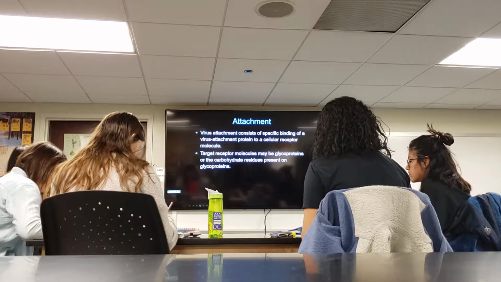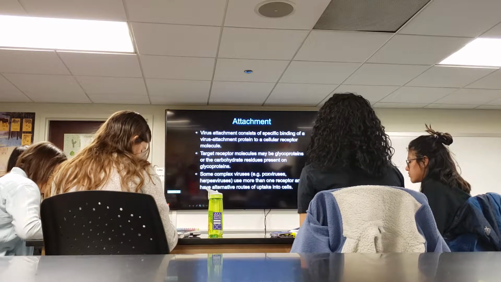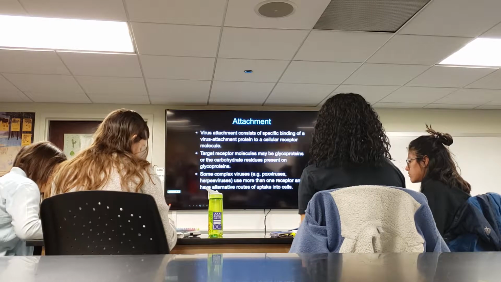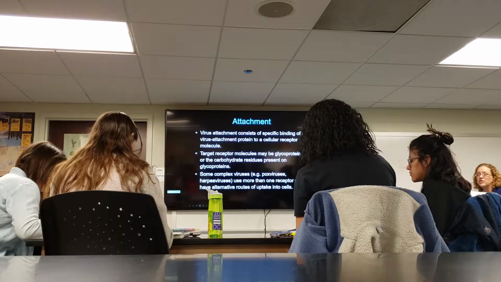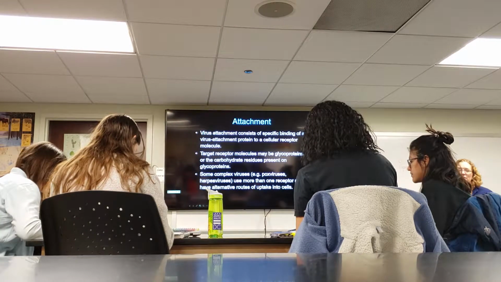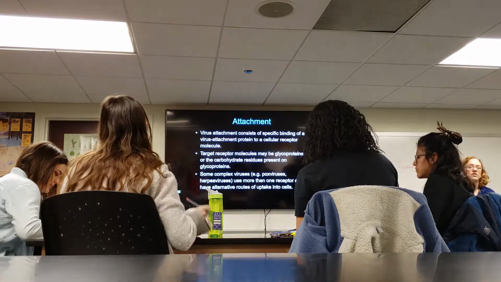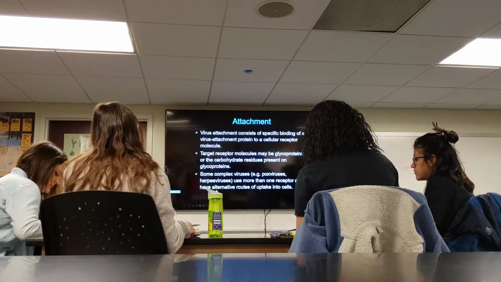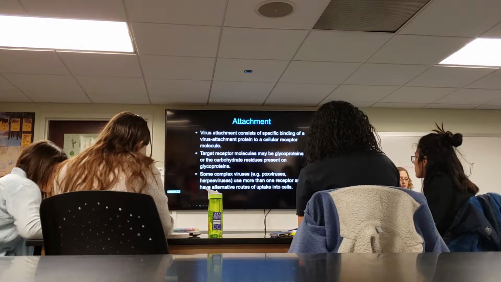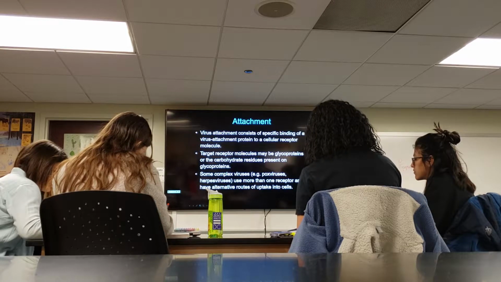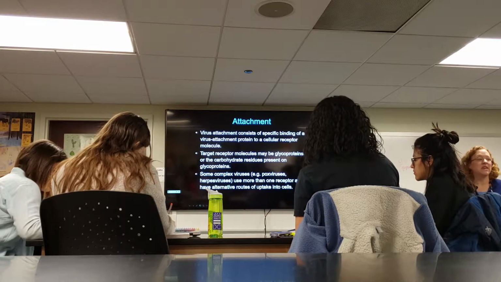Also, there are some complex viruses that have more than one receptor or have alternate routes for uptake inside a cell. So this is just another layer of flexibility where these viruses have even less specificity, or sometimes they require two interactions in order to completely interact with and penetrate that cell.